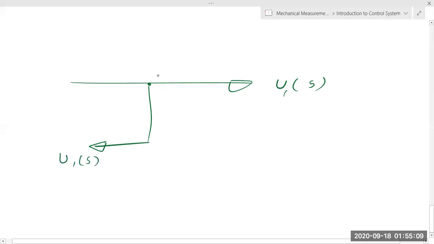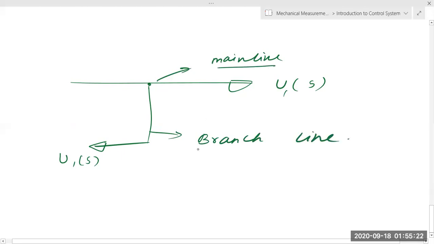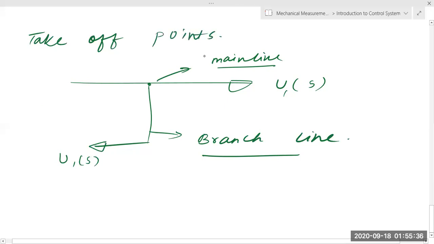This is the main line, and we are taking a branch out of the main line. This is the branch line. This kind of place where, from a main line, we are taking a branch line with the same signal value, because it is from the same signal, is called a takeoff point.